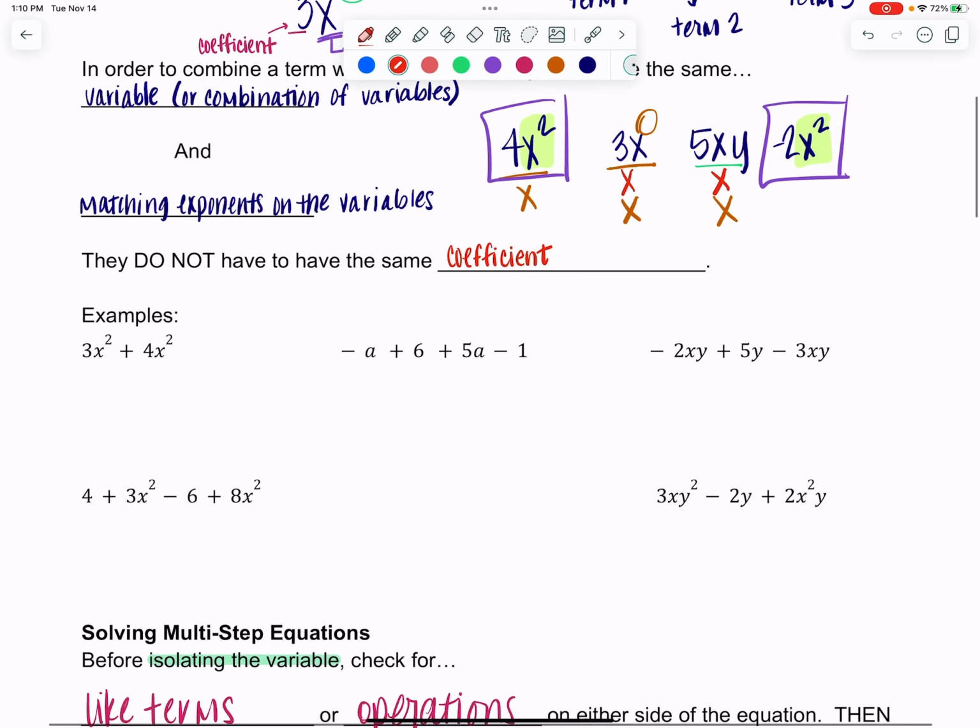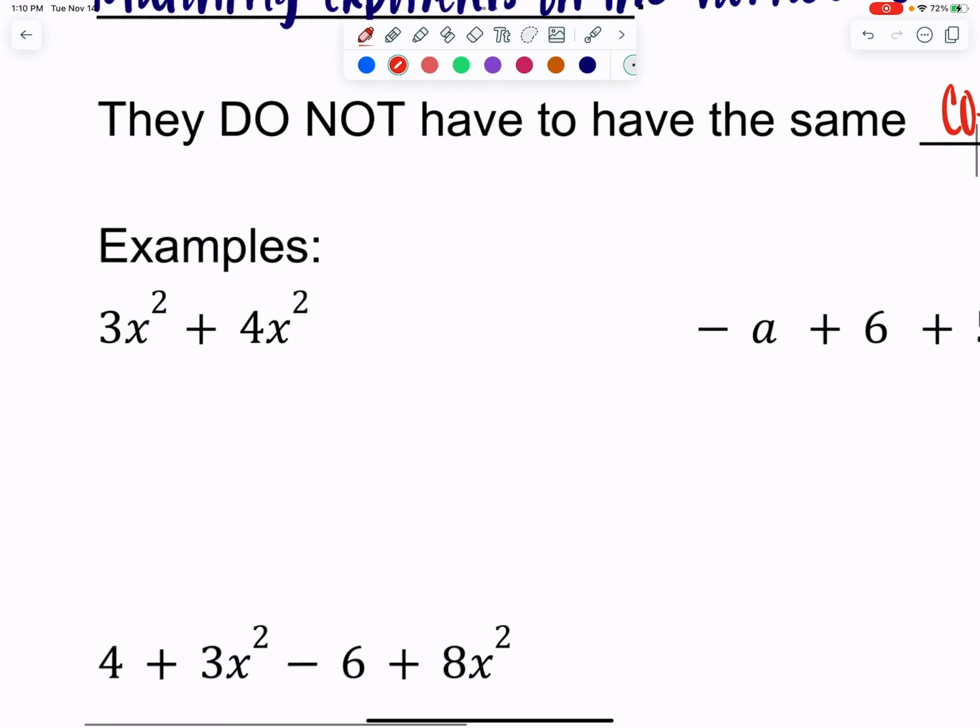So let's do some examples. The first one we have is 3x squared plus 4x squared. So we check, do they have the same variables? Well, this one has an x and this one has an x. Do those variables have matching exponents? Well, this x has a squared, this x has a squared.